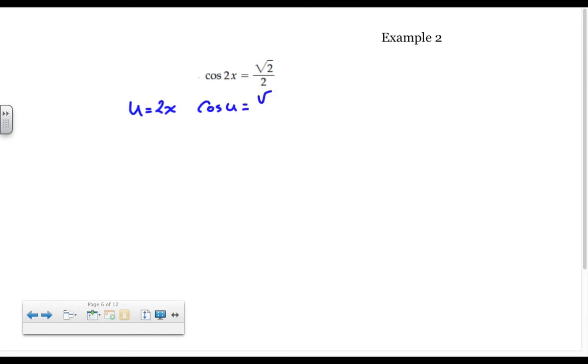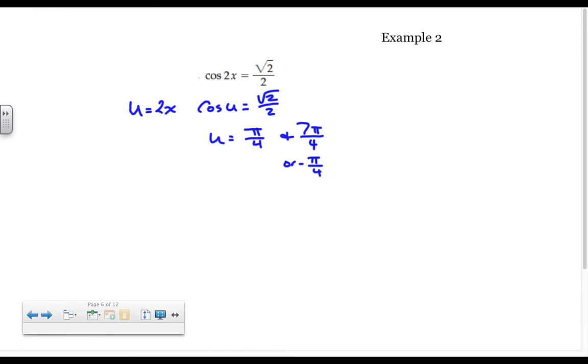So if you remember that u equals 2x, and cosine of u equals root 2 over 2, okay? And now u is going to equal pi over 4 and negative pi over 4, which I actually put as 7 pi over 4. I wasn't thinking about the fact that it needs to be between 1 and negative 1.